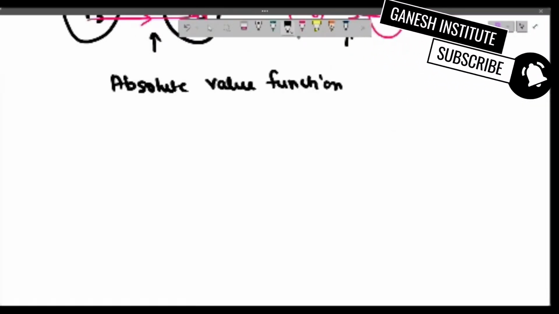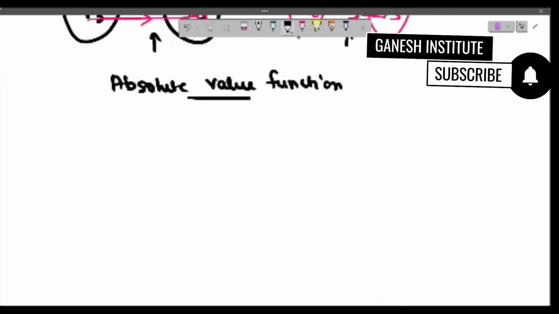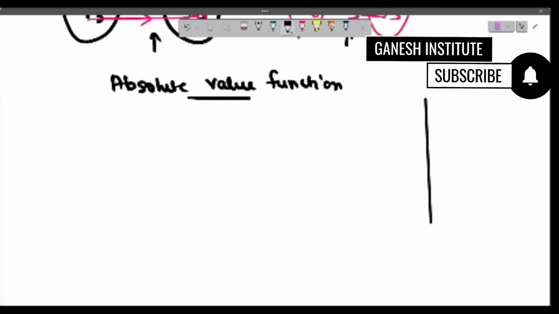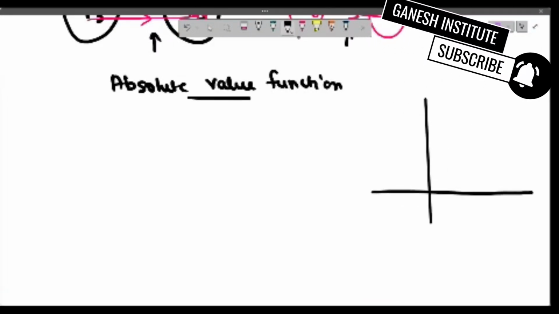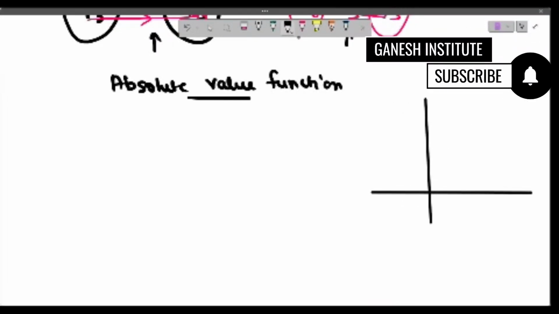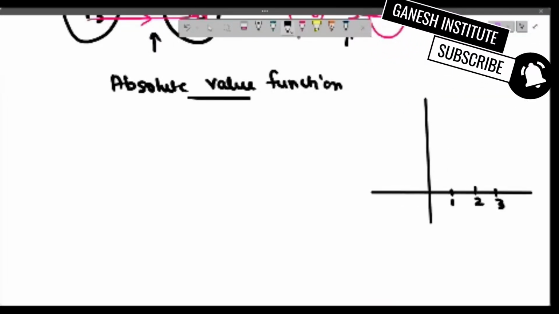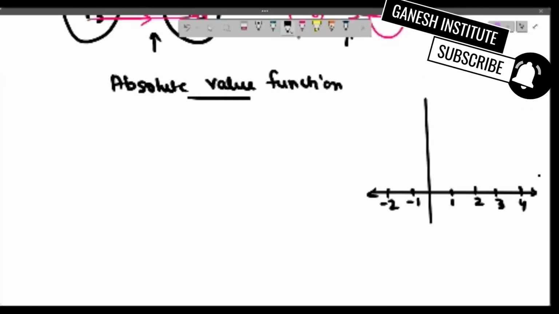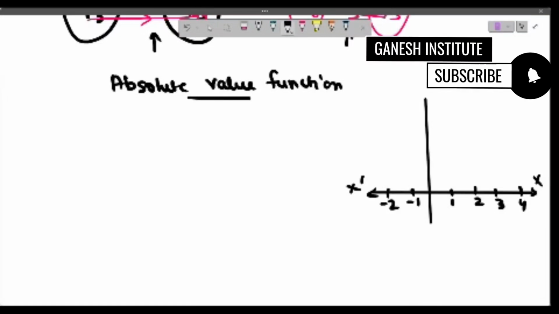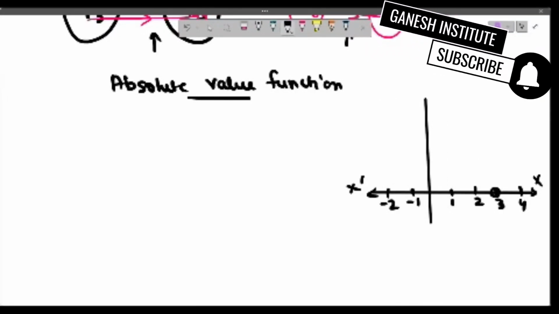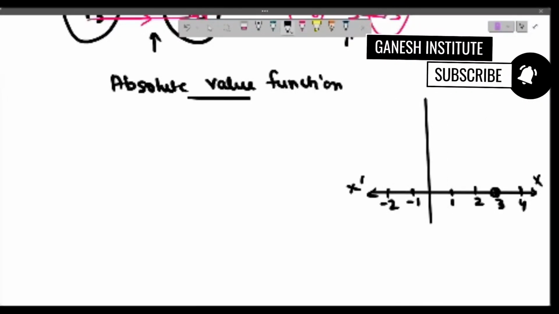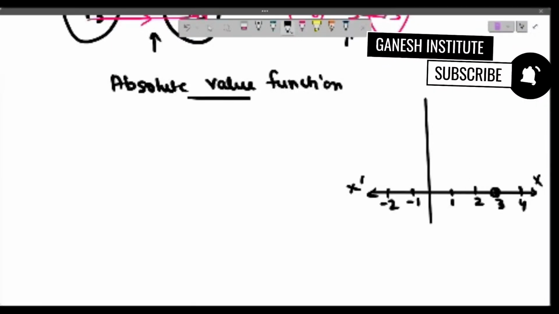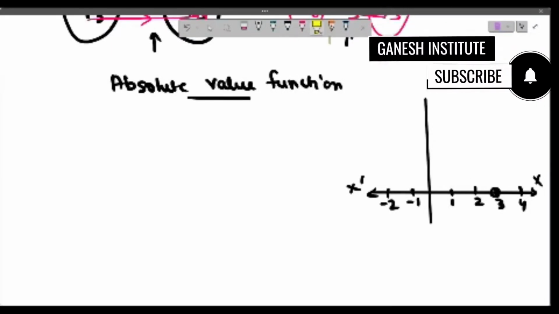Okay. Absolute value. So, for instance, let's say I have drawn this graph and I say that a bus is moving with some velocity, and it is on the graph, let's say at the coordinate 3 comma 0. And now what happens?